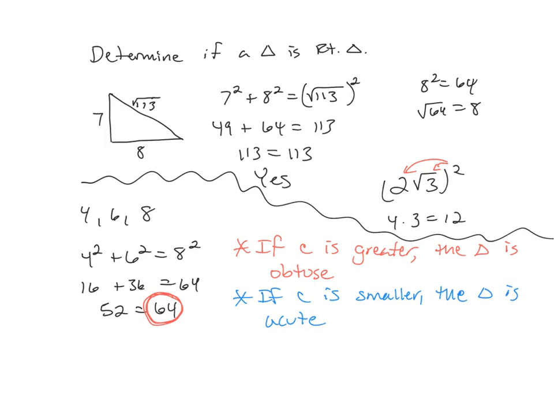Well, what kind of triangle would it be? This one would be an obtuse triangle because the C is bigger. So one of the angles would be bigger than 90. So I just said, well, triangle with 4, 6, and 8.